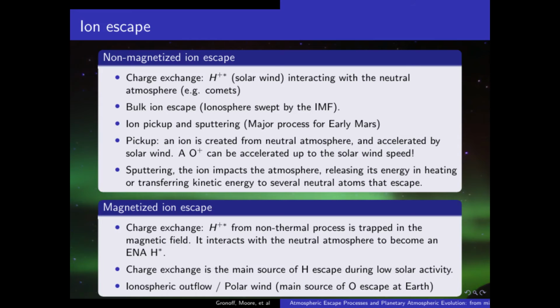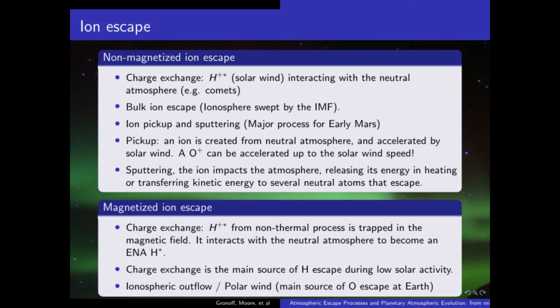We have processes like pickup and sputtering, when an ion created from the neutral atmosphere is accelerated by the solar wind to escape, but that ion can hit the atmosphere back, release its energy by transferring it to the atoms in the atmosphere, leading to more escape. This is what we call the sputtering.